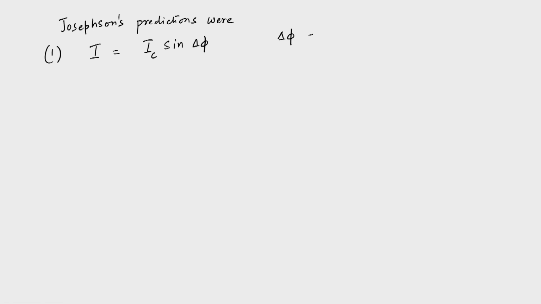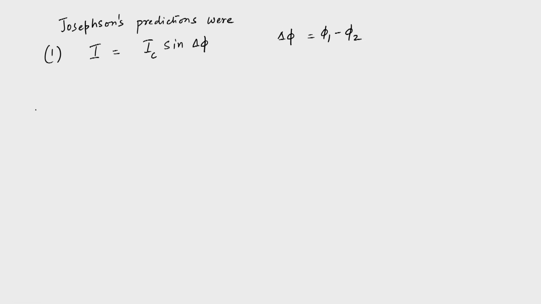So, Josephson predictions were, one, your current is equal to sine delta phi, where delta phi is equal to the phase. So, this is equal to the change in phase. So, we will write it as phi 1 minus phi 2.